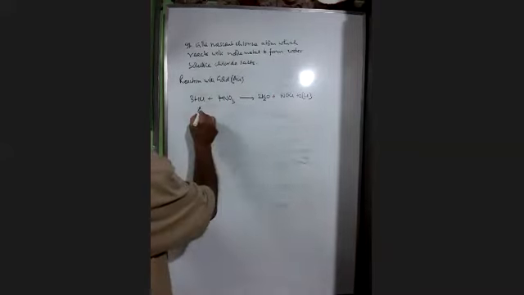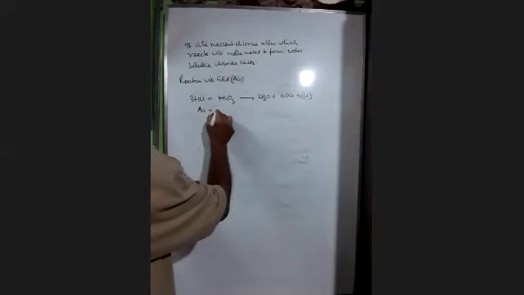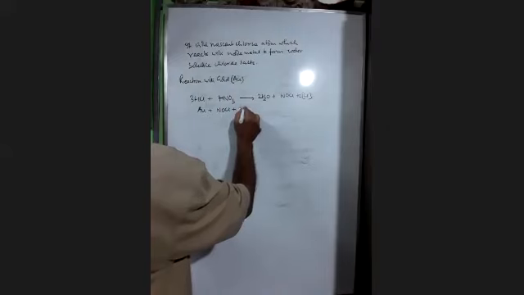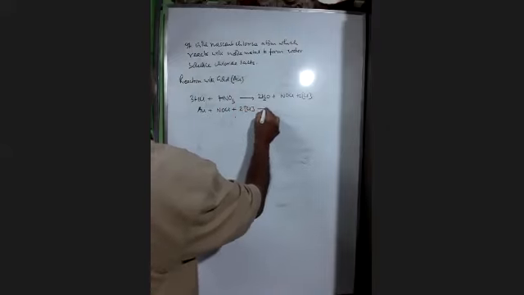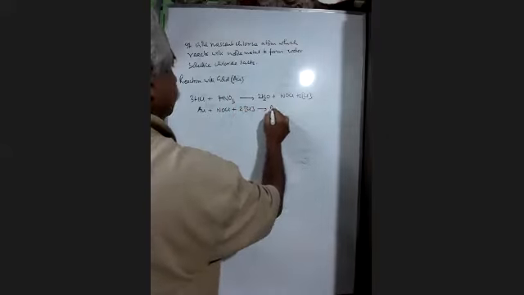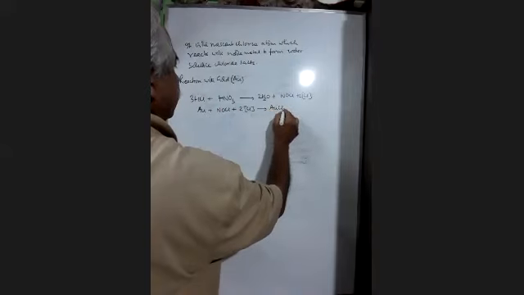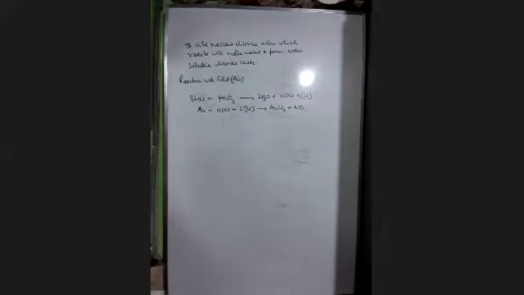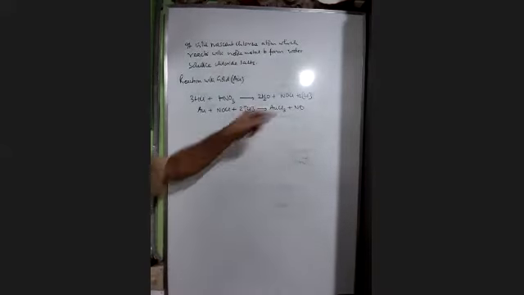Then I'll write here gold Au plus NOCl plus 2Cl. It gives you AuCl3 plus nitric oxide. This is called auric chloride.